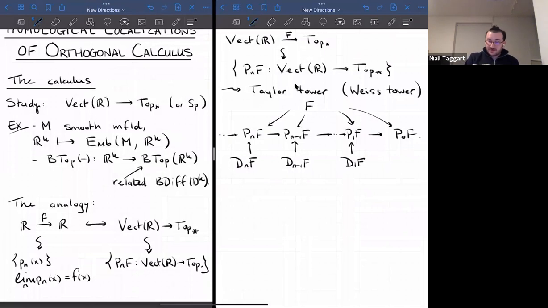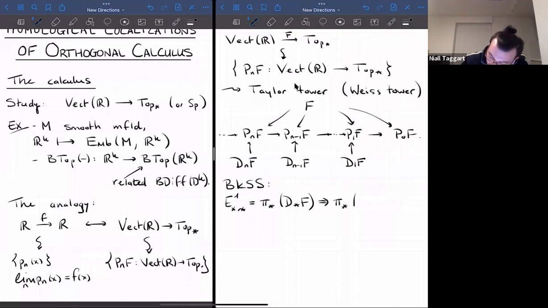And we can use these functors, these D_n F, to try and understand the homotopy type of F via the following spectral sequence. It's a Bousfield-Kan spectral sequence, whose E1 page is the homotopy groups of these layers. And it converges, or attempts to converge, to the homotopy groups of the limit of the approximations.